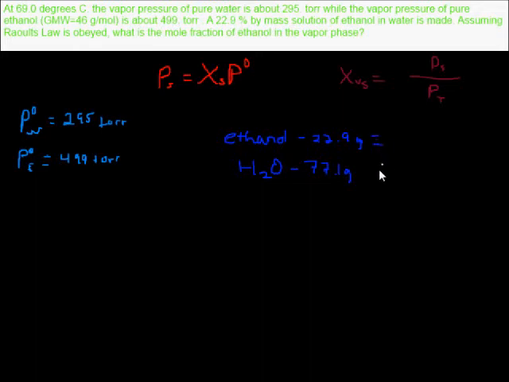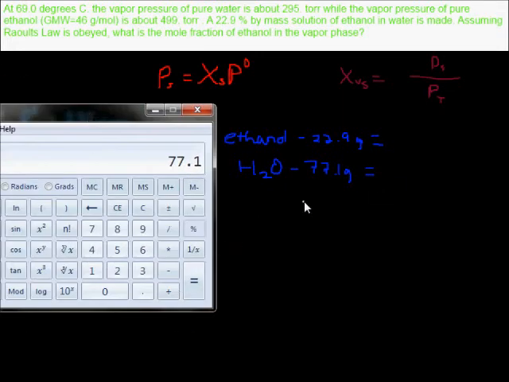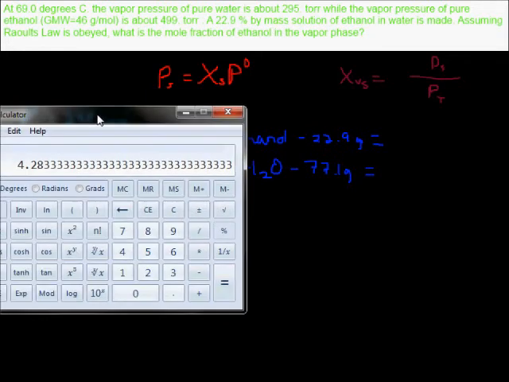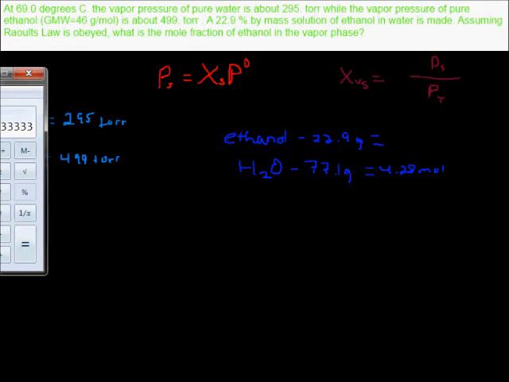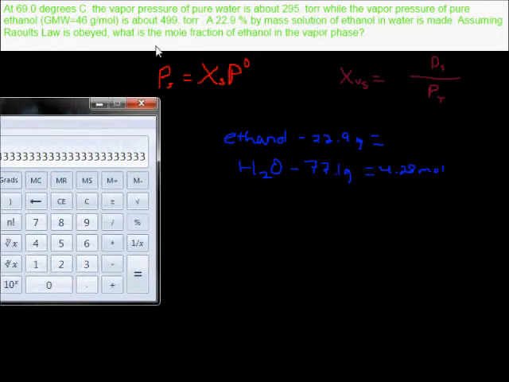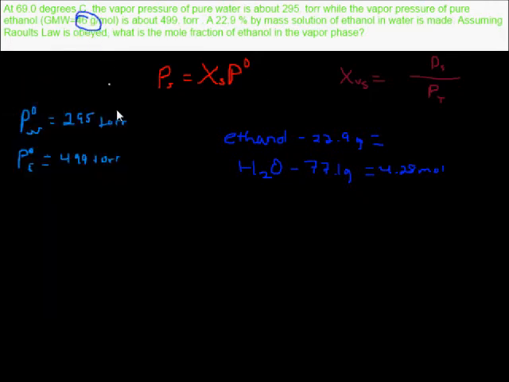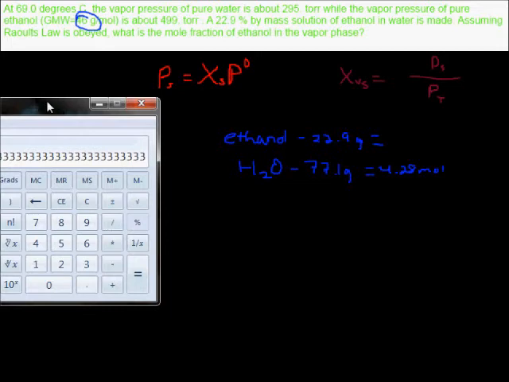Now we can calculate the number of moles of both. The molecular mass of water is 18, which is pretty close to the exact value. So 4.28 moles. We have the molecular mass of ethanol, which is 46.